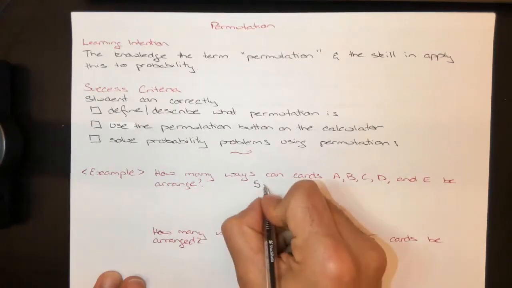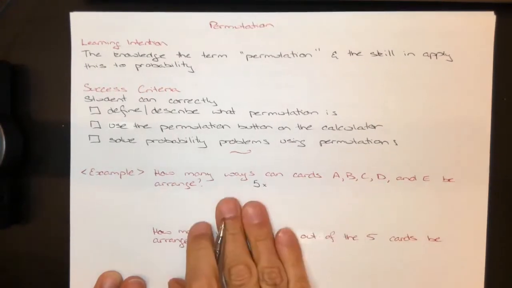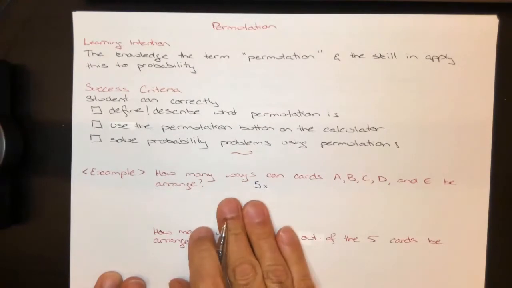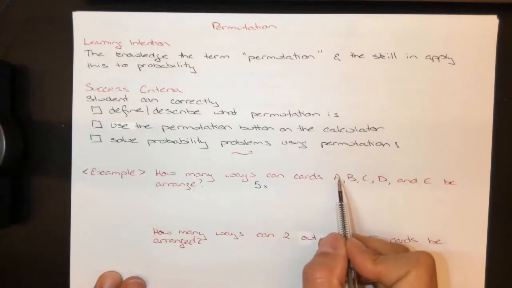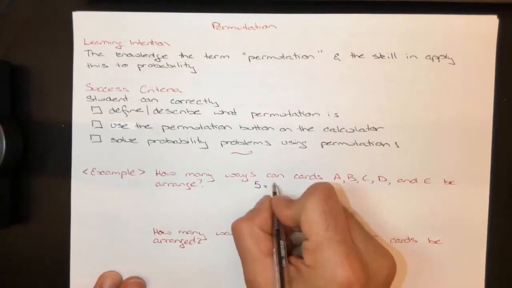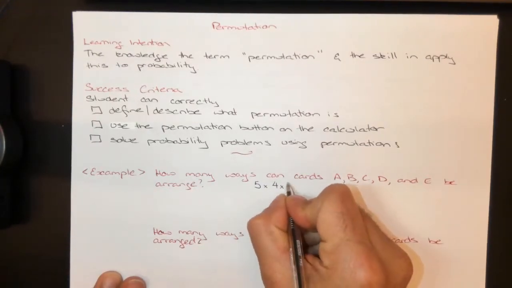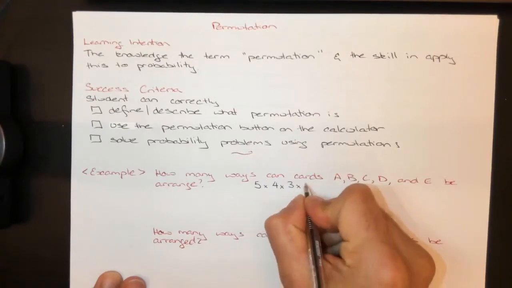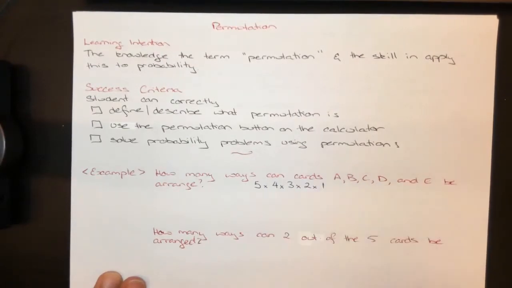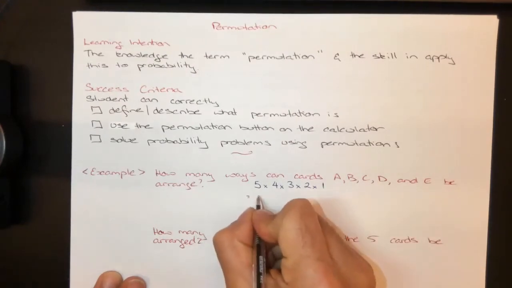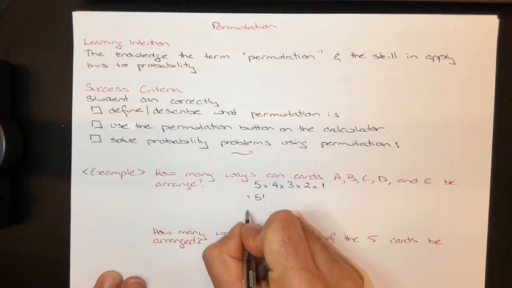Let's say we're not replacing the card, so once that card's down, we're not replacing it. So if I've got 5 for the first one, then I only have 4 for the second card, 3 for the third card, 2 for the second last card, and 1 card at the end. That is also 5 factorial.